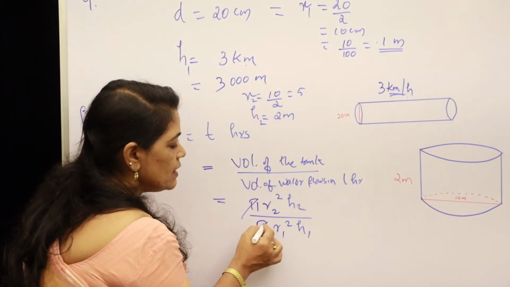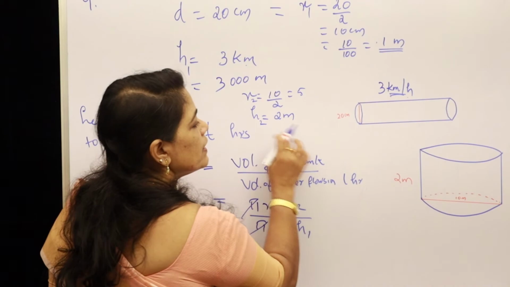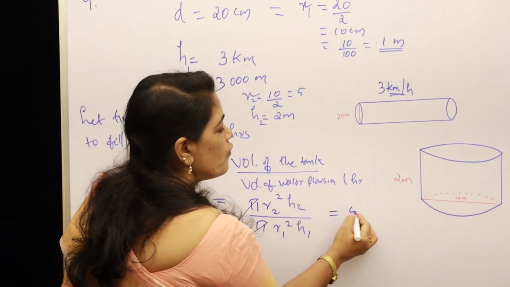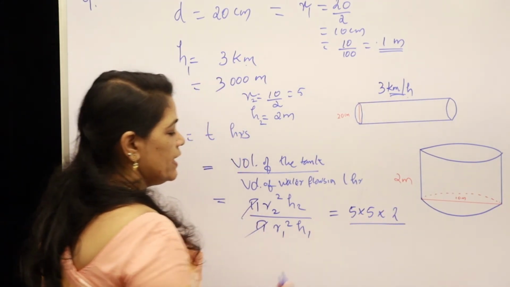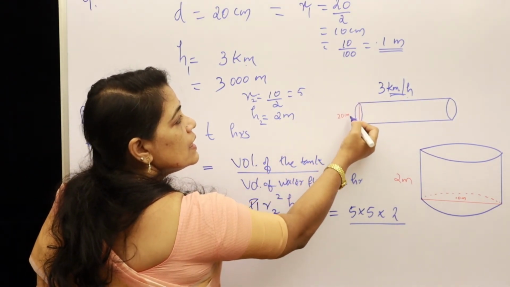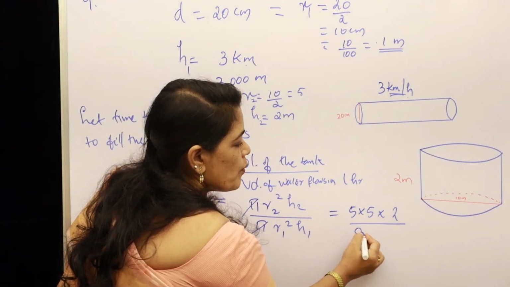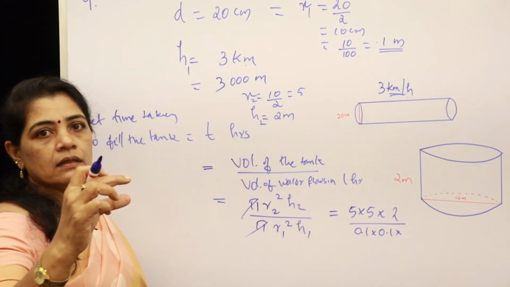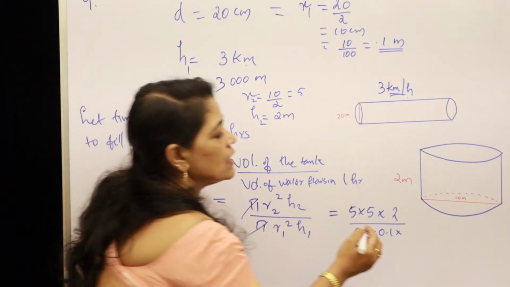You can cancel pi. And what is R2? R2 is nothing but the radius of the tank, that is 5 into 5 for r square, and h is 2, divided by r1 square. Internal diameter is 10 centimeter, and in meter 0.1. So 0.1 into 0.1 into the length, which we have taken from the speed as 3 kilometer, and in meter is 3000.